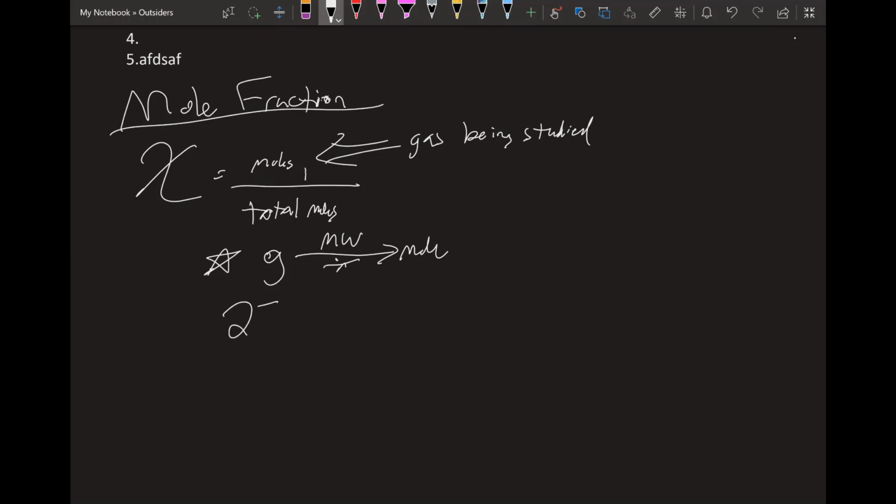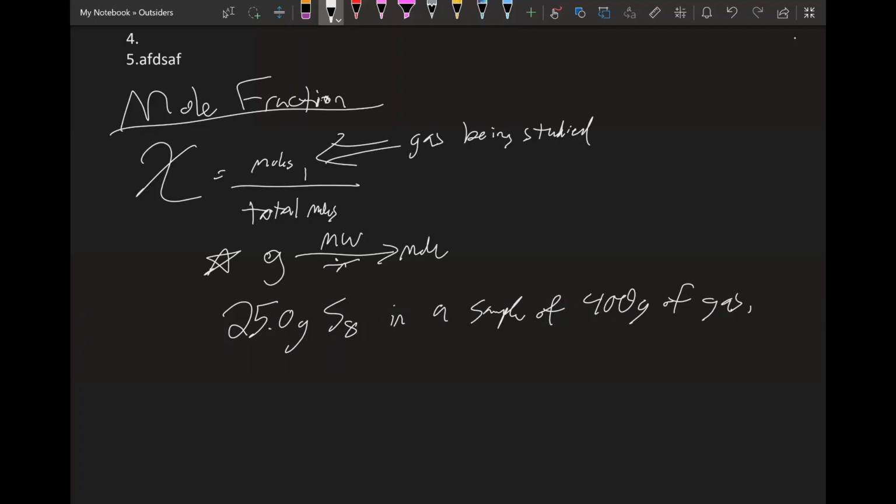So let's say you start off with 25 grams of sulfur gas and a sample of 400 grams of gas. Now, the 400 grams, we're just going to try to make that easy.